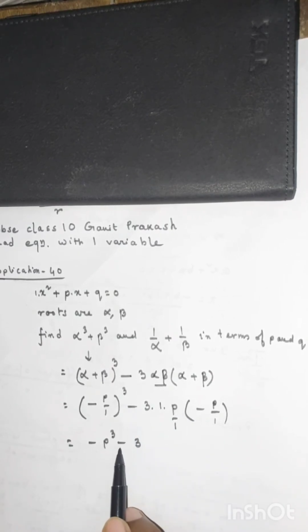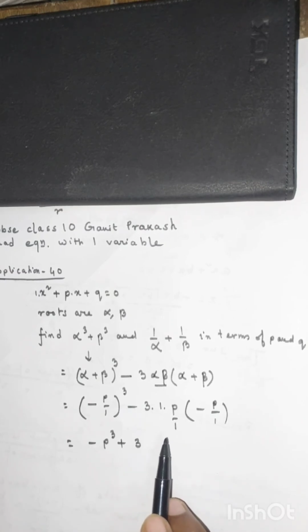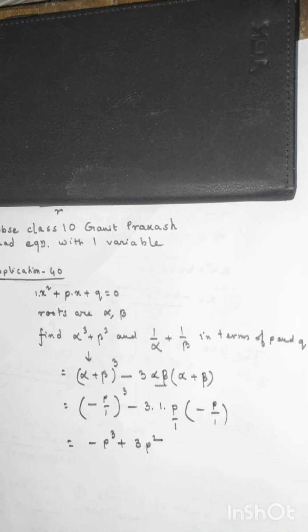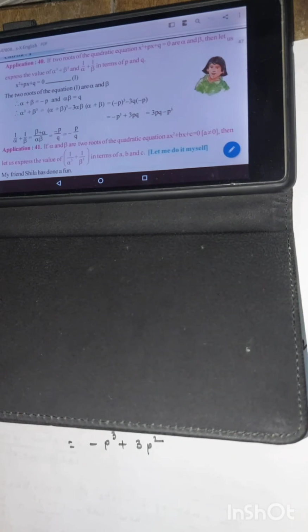Minus into minus plus, so this is the value of alpha cube plus beta cube.